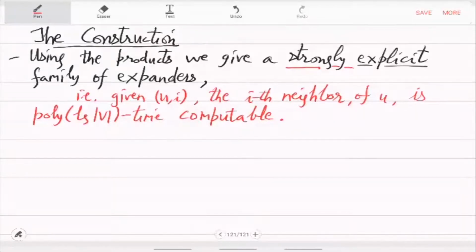Okay, so that is strongly explicit. So, in terms of this time, actually the graph size of V can be exponential. So, it is a very large expander, it is a growing family, degree is constant, expansion spectral norm is constant, and it is very, very explicit, polytime explicit.